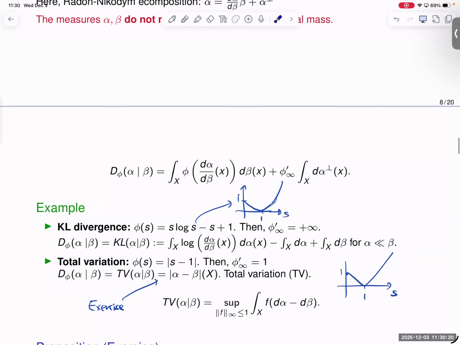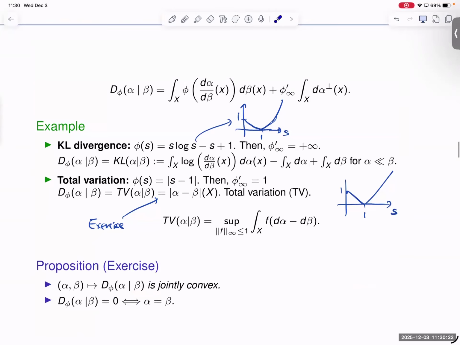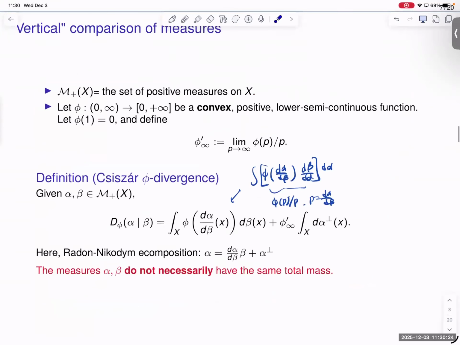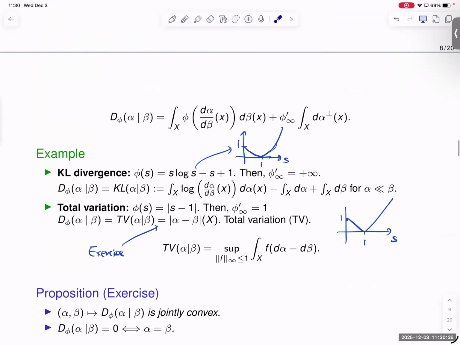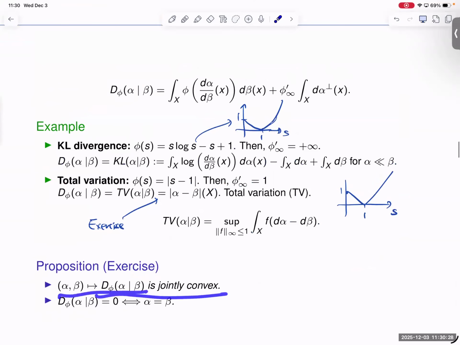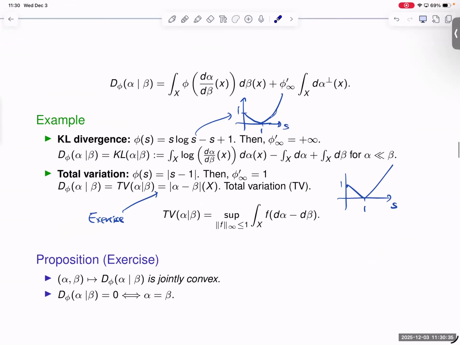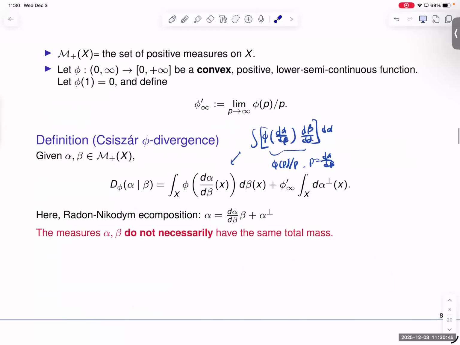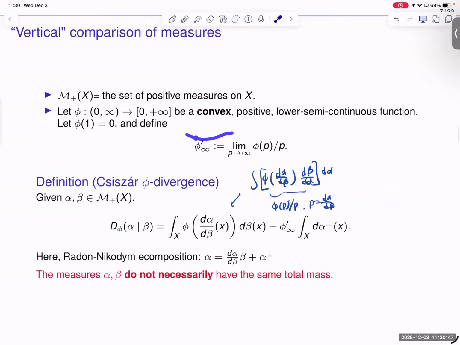And all such phi divergences have this property. Because of this convexity, you have this joint convexity of this d phi, for any phi with this property, convex.